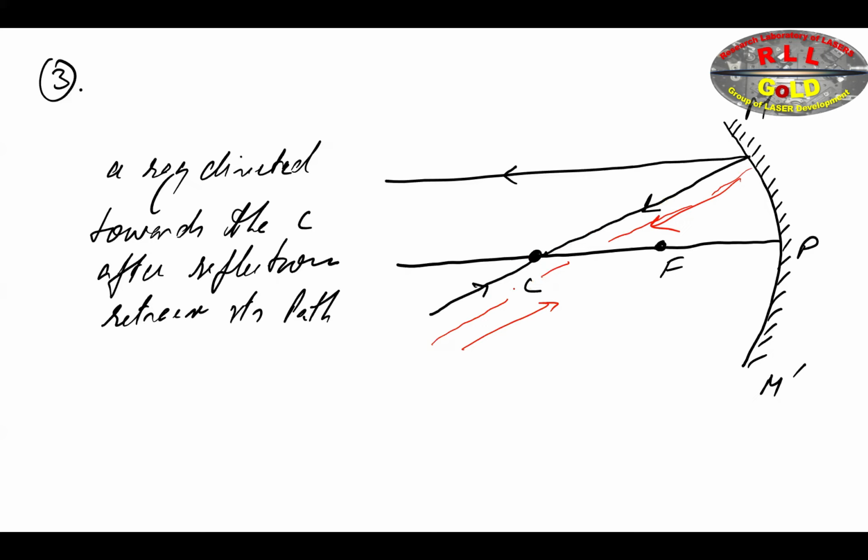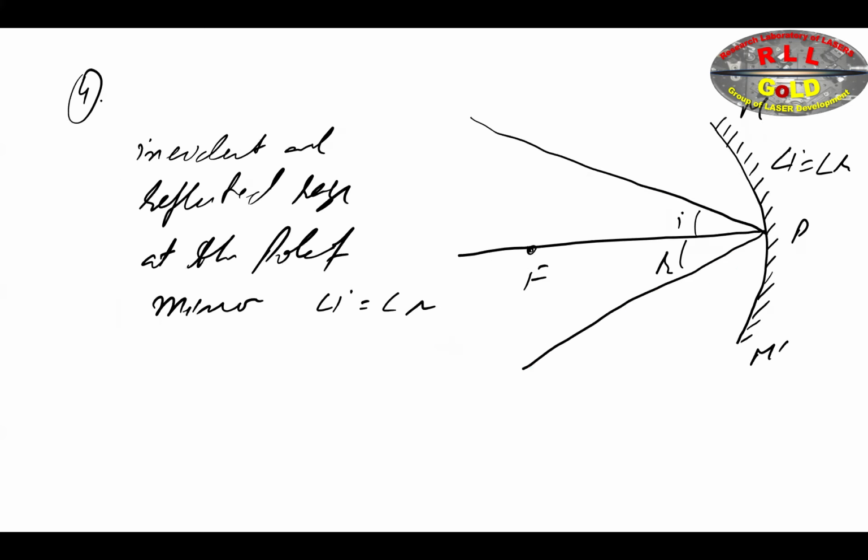Now we move to the fourth one. This fourth rule tells, as I told you, this is the pole. This is the focal point F here. So this is the angle of incidence, this is the angle of reflection, the reflected ray.